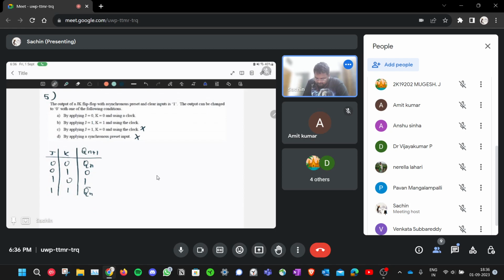Well, if you apply 0 1, then you can get your output to 0, but none of the options have a 0 1, right?